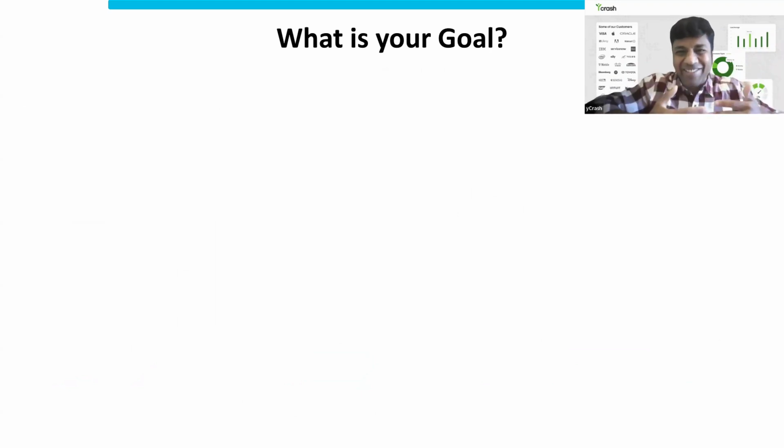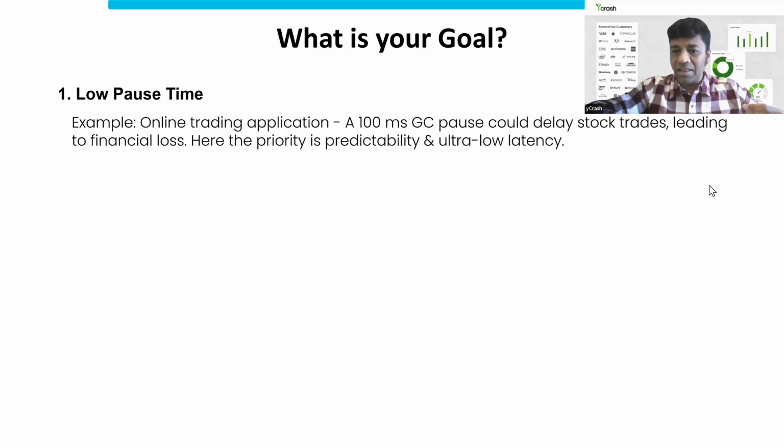There are several things we may look at. Similarly, when selecting the garbage collector, you need to select what your goal is going to be. There are three goals you can set. The first goal is I want my application's response time to be low.